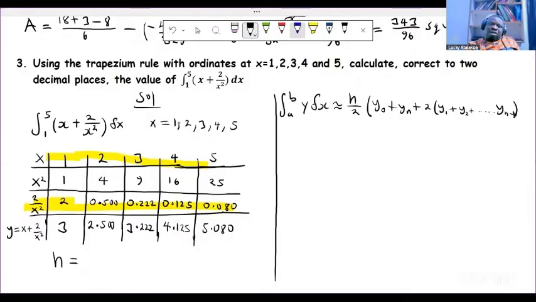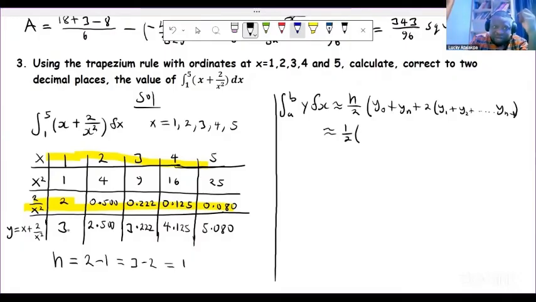Just do 2 minus 1 or 3 minus 2 or 4 minus 3 or 5 minus 4. Any way you go, you get 1. So this is approximately 1 over 2.